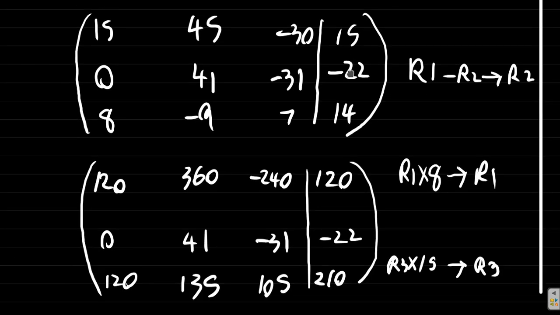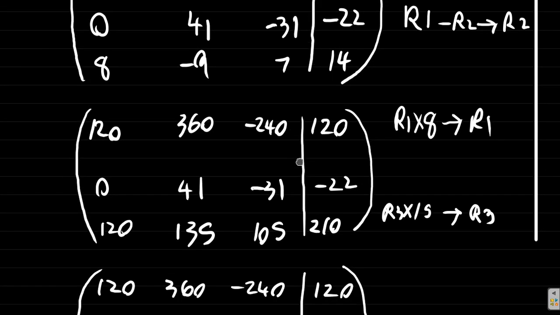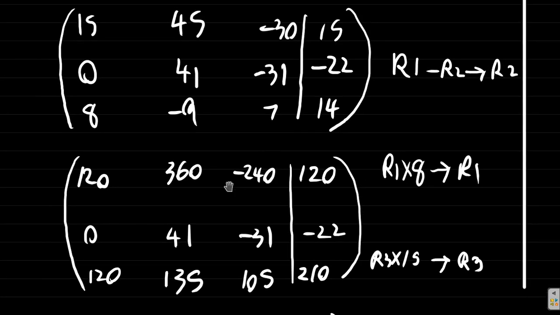Good, so this becomes negative. Row 1 times 8. Negative, alright, negative, negative. I'm just checking to make sure I have all my negatives.